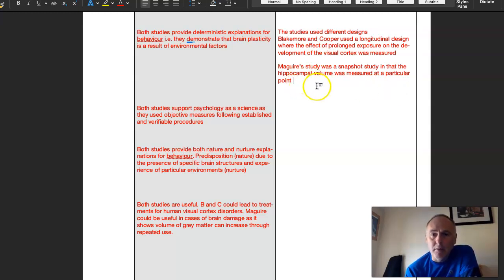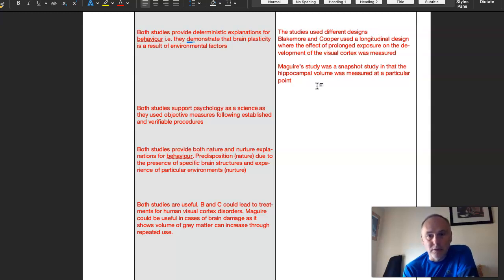The Maguire study, on the other hand, was a snapshot study. It would be pretty difficult to take people from birth and then see which ones became taxi drivers and which ones didn't. But there is a bit of a longitudinal element, in that the longer the taxi drivers were taxi drivers for, the greater the shift in the hippocampal volume.